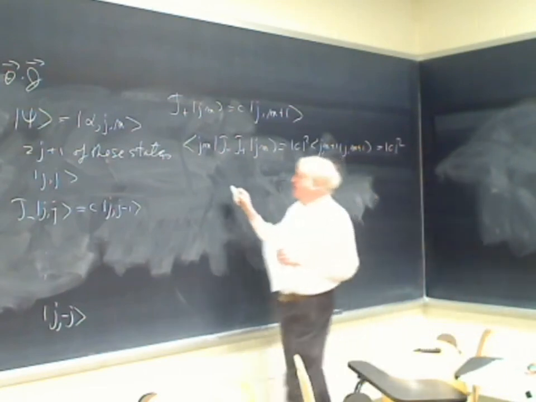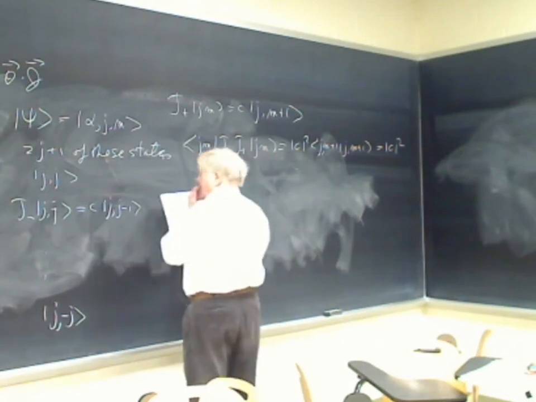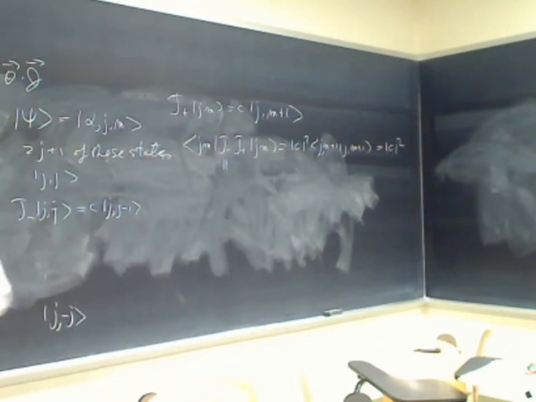On the other hand, this thing is equal to J minus J plus. We have that written somewhere here. J minus J plus is J squared minus J3 squared minus h bar J3.